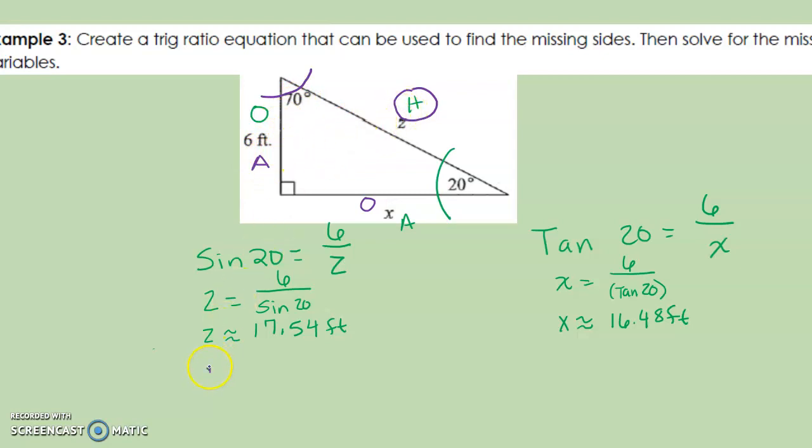So that would be cosine 70 is my adjacent over my hypotenuse, which is z. So now, again, my variable's in the denominator, 6 divided by cosine 70, z is approximately equal to, get out your calculator, fraction button, 6 is your numerator, cosine 70 is your denominator, and you get 17.54.